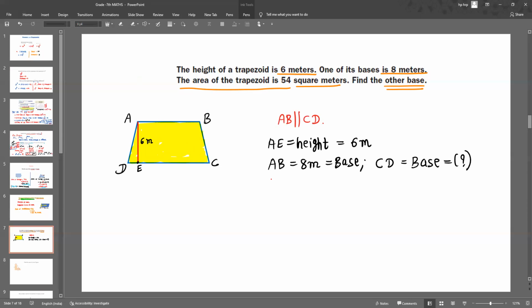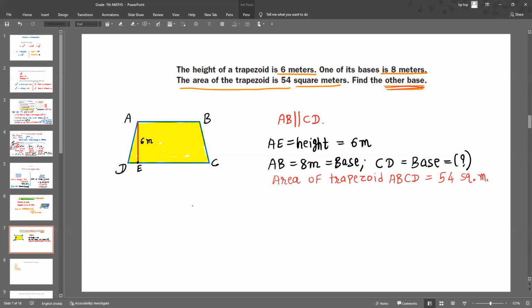Understand? So they have already given the area of trapezoid ABCD, 54 square meter. And here we find the other base.